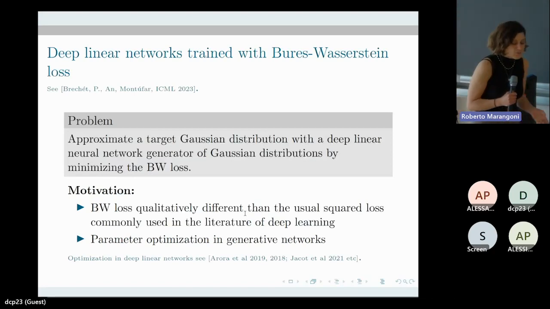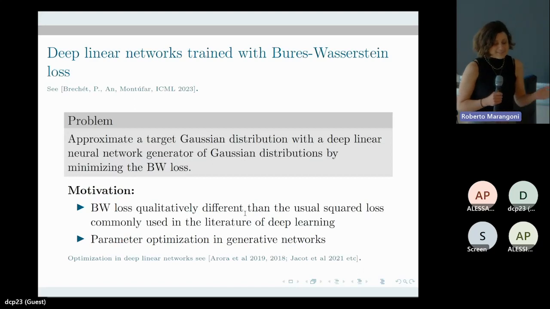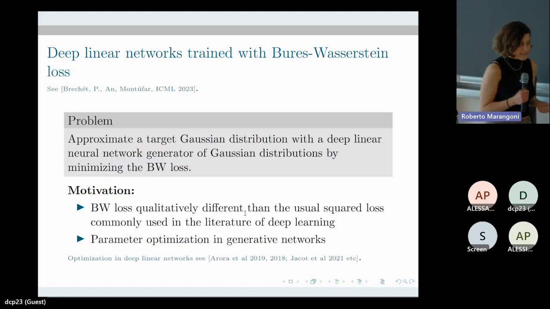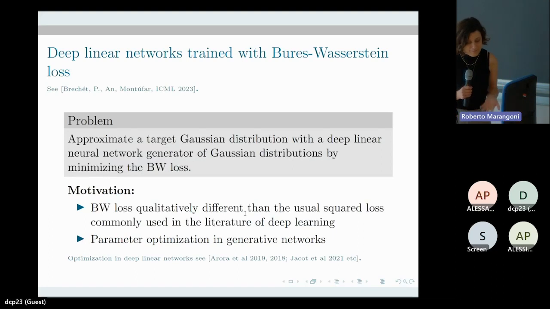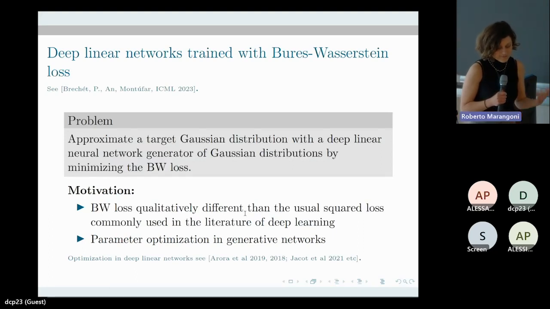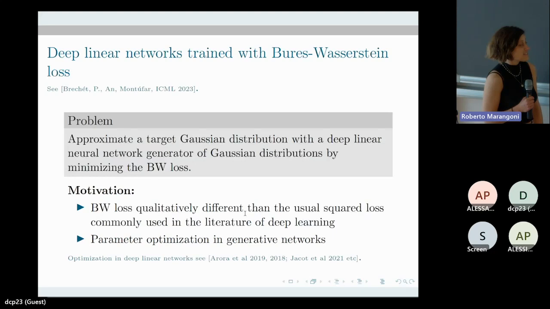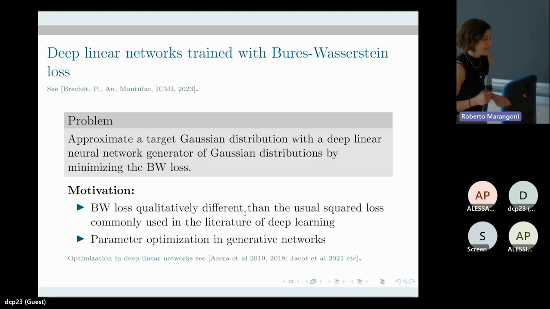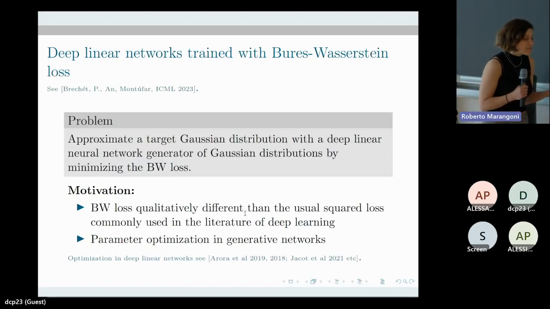Here, we will try to use deep linear networks to learn the covariance matrix using the Bures-Wasserstein loss. What is widely used in the literature is the mean square loss and the squared loss, but Bures-Wasserstein is qualitatively different than the usual squared loss. At the same time, we are using generative neural networks, and we are trying to learn the parameters of these generative methods.